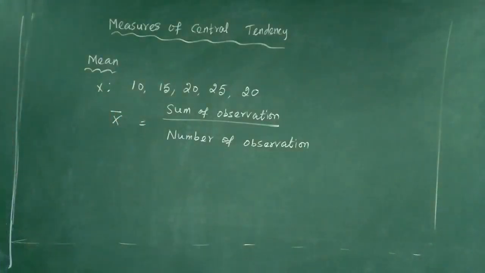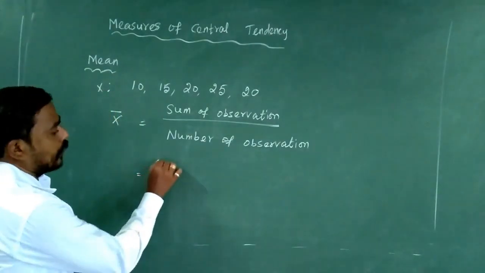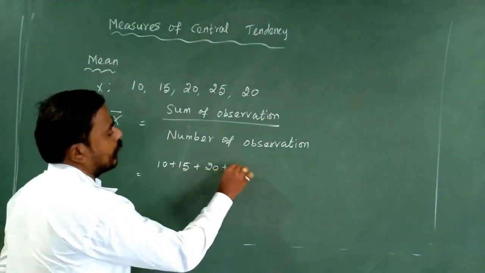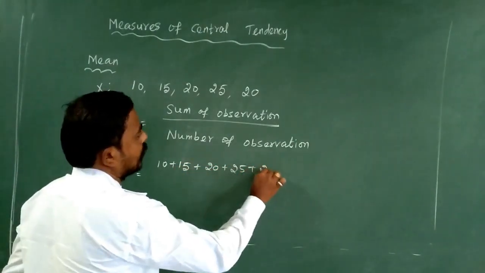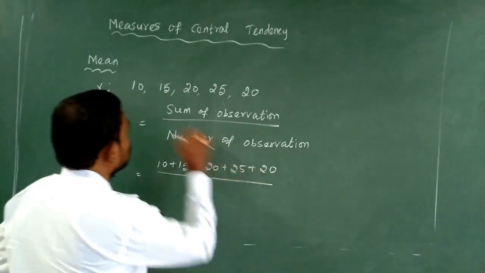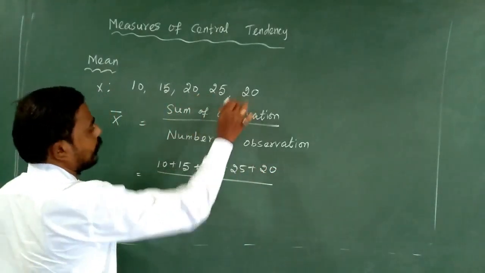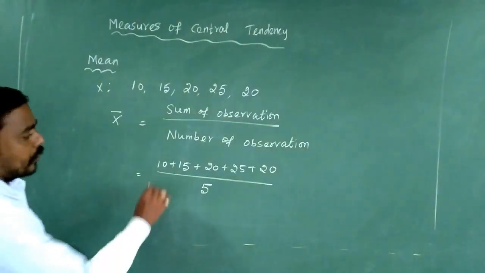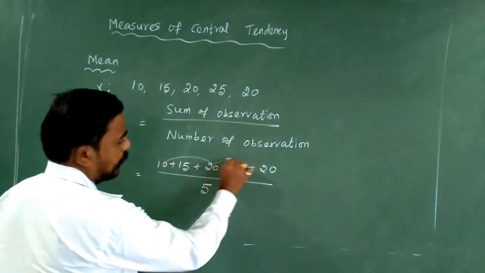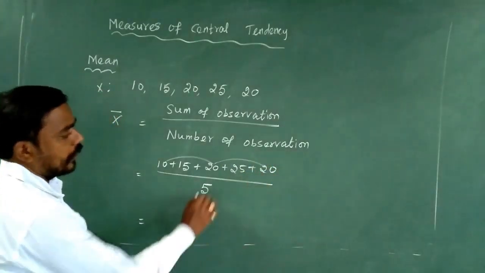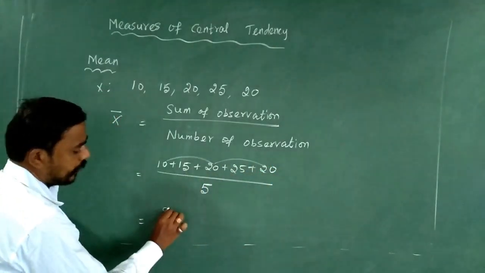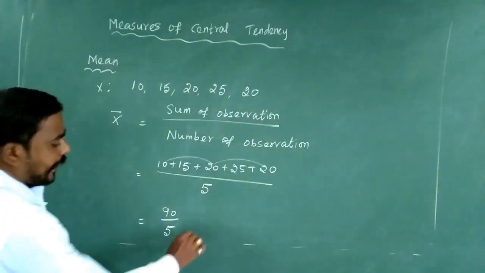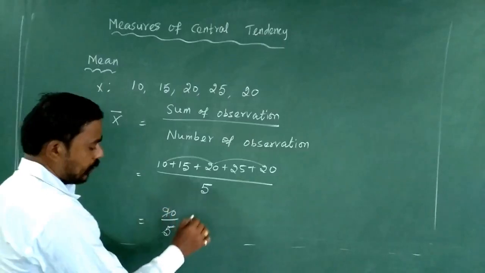The sum of observations is 10 plus 15 plus 20 plus 25 plus 20, divided by 5. Now this summation: 10 plus 15 is 25, plus 20 is 45, plus 25 is 70, plus 20 is 90. 90 divided by 5 is 18.